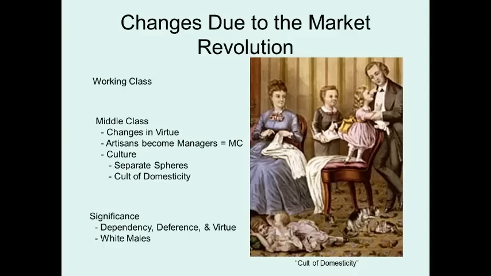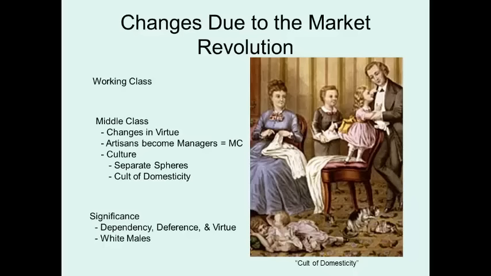Or become a master artisan, become a master carpenter, become a master blacksmith. And the reason you wanted to do this was because people who worked for wages or did not own land were seen as dependent on others, and they were looked down upon. In the words of the American Revolution, they were seen as not virtuous citizens.